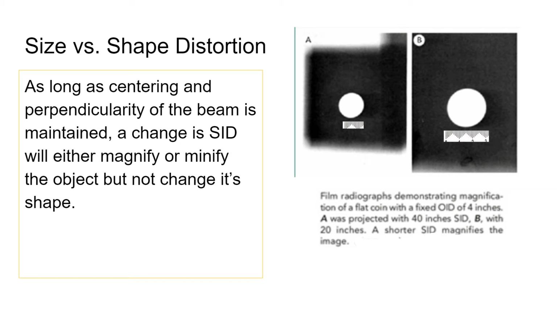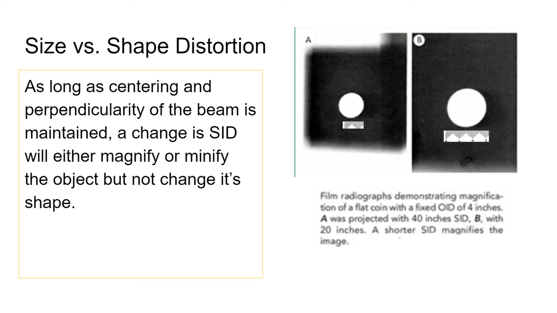They switched from 40 inches SID all the way to 20 inches to get this thing to magnify. Generally speaking, even if you're eyeballing things, I don't think you're going to make like a 50% mistake, where you're off half of what you thought you were going to do.